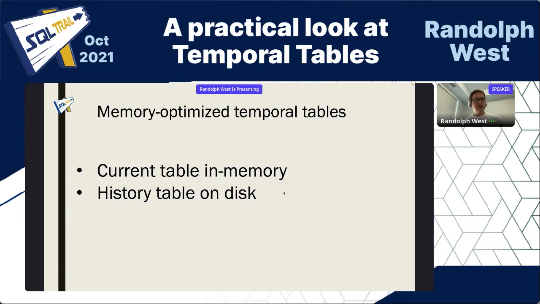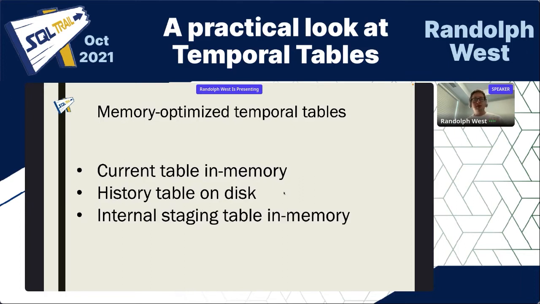If it's on disk, it's going to hit the transaction log because everything that happens in your environment has to go through the transaction log, right? Guess what? You need to translate the way that the data looks in your in-memory table into a staging table that transforms it into something that can be persisted to the history table. Because in memory, it uses pointers.